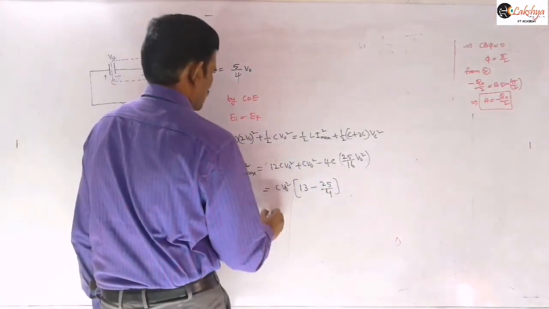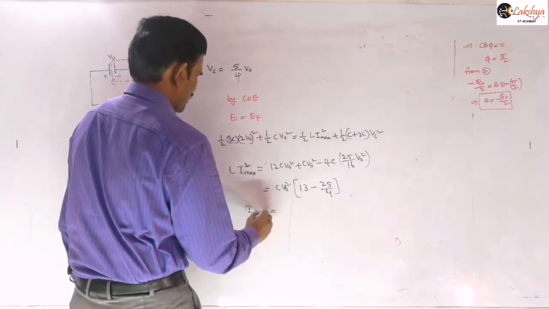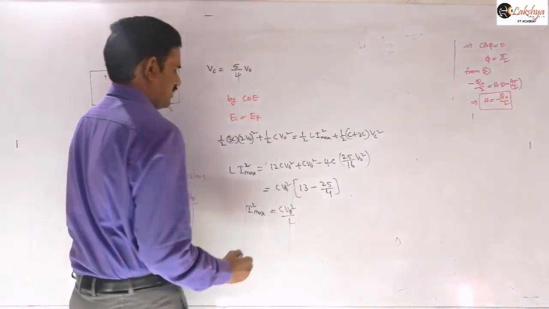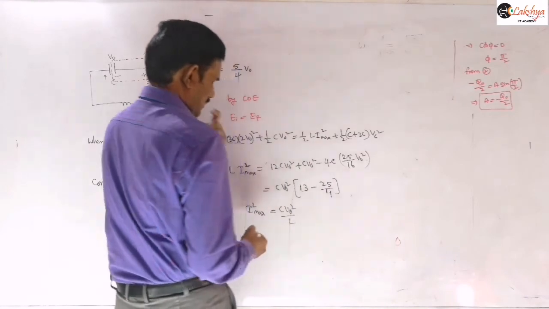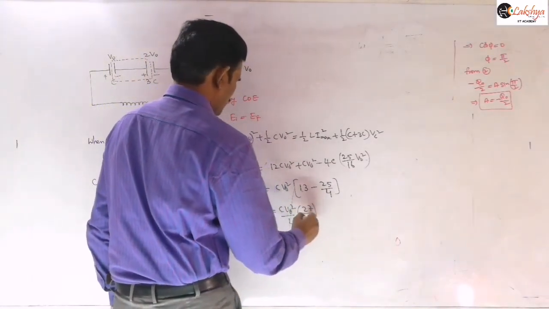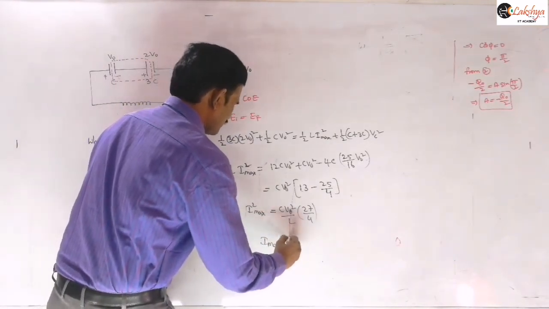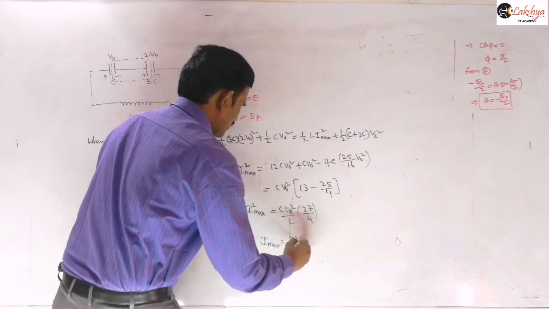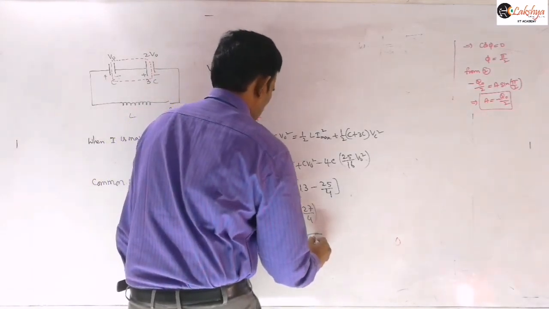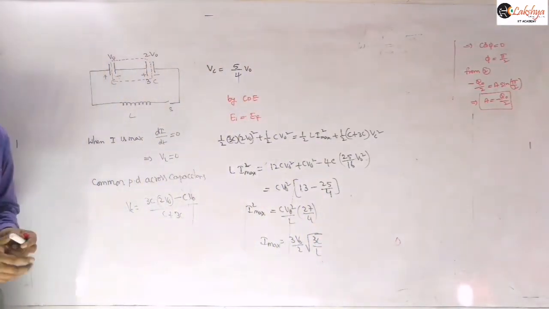And so this expression is like L i maximum square, that means I maximum square is equal to CV naught square by L into 13 means 52, so 27 by 4. And therefore this I maximum value I can write as 3 V naught by 2 into under root of 3C by L, right? So that is our maximum current there.